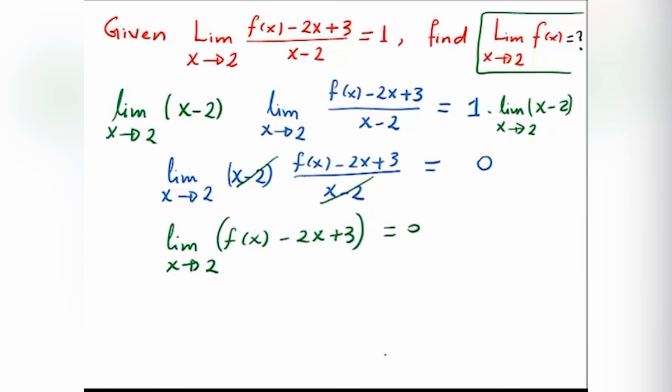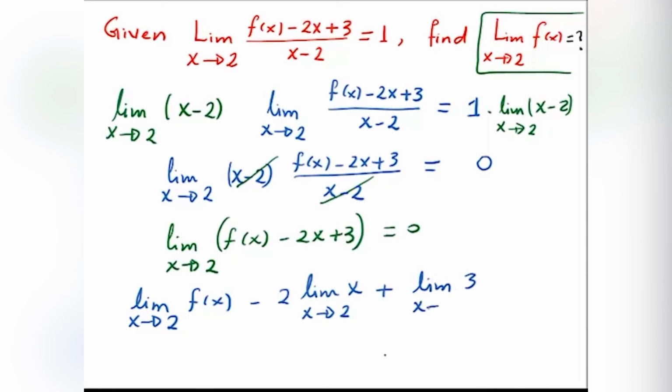Now I can distribute the limit. So it will be the limit of f of x as x goes to 2 minus 2 times the limit of x as x goes to 2 plus the limit of 3 as x goes to 2 equals 0.